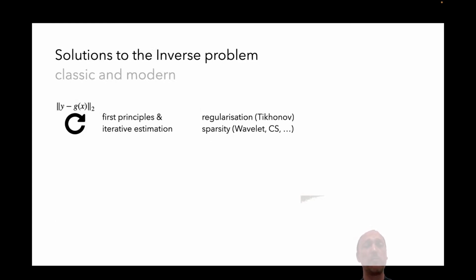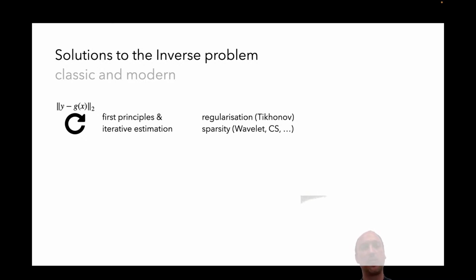So the solutions that people have come up with to solve this, and to basically denoise images, deconvolve images, remove motion artifacts of one kind or another, all these problems have been attacked by a series of approaches. The first ones were based on first principles, so very heavy in mathematics.